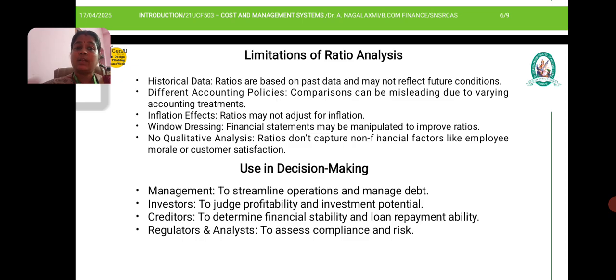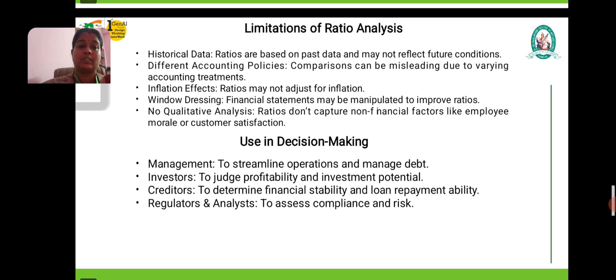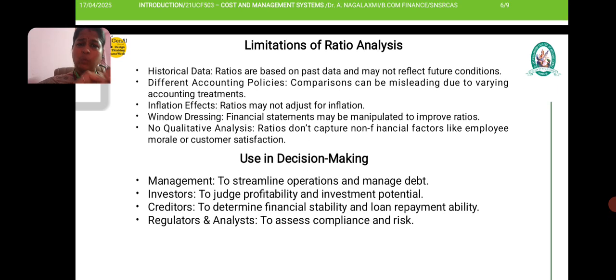No qualitative analysis: ratios don't capture non-financial factors like employee morale or customer satisfaction. Ratios are calculated only based on the data available in the financial statement. So these are the limitations of ratio analysis.